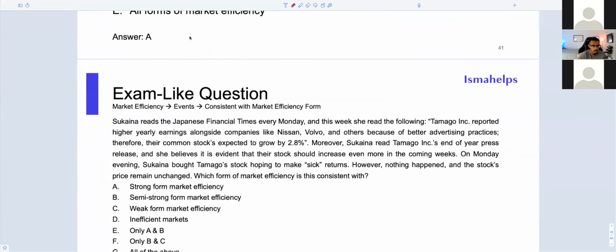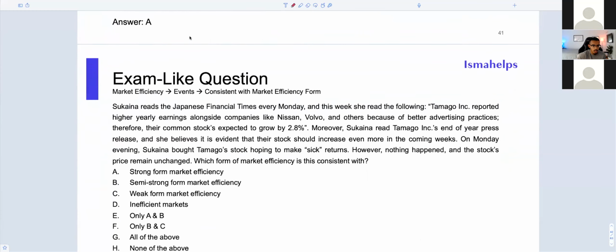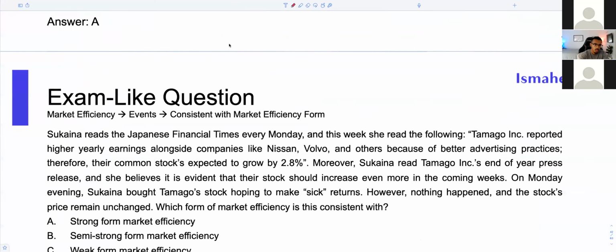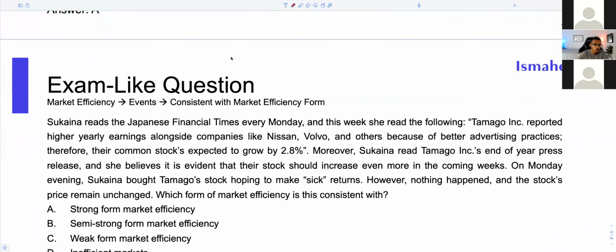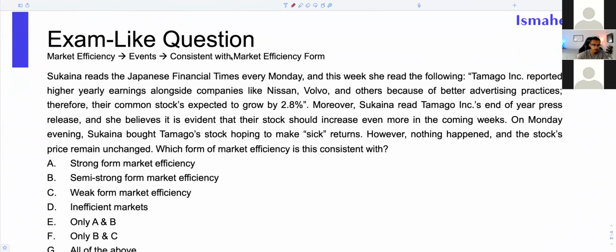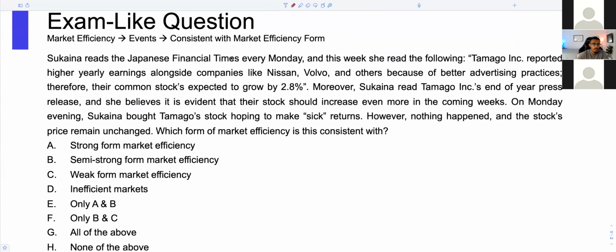That's why I recommend always doing a quick test when you do these questions. Try to figure out from the very beginning whether this respects all three forms. That's the first thing you want to do. You want to do a sense check when you start these questions, okay?